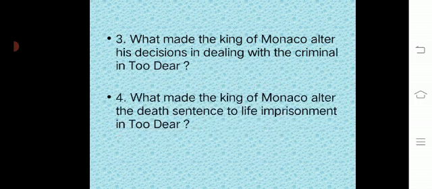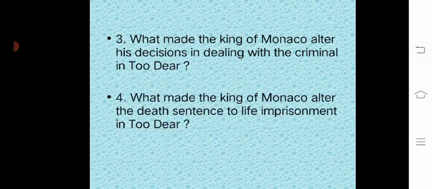Now here, if you read carefully, at a glance you will feel that both the questions are the same and repeated. But no, they are not repeated. Read very carefully, you will understand what the difference is and what answer is expected from you.